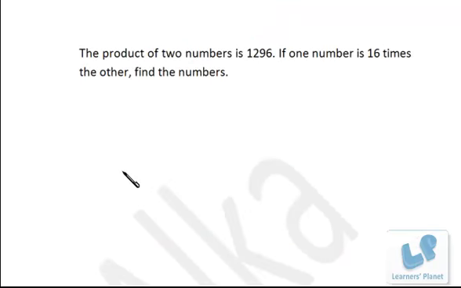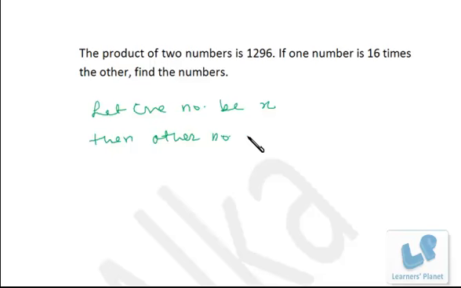Now friends, let's discuss some word problems based on squares and square roots. Here the product of two numbers is 1296. If one number is 16 times the other, find the numbers, right? What is the first step? Let one number be x. That means the other number will be 16 times this number, so that will be 16x.